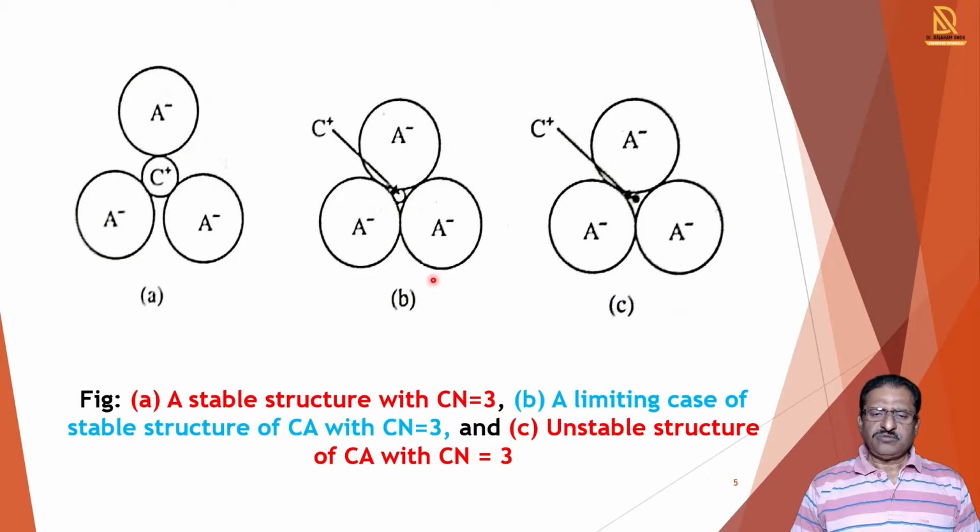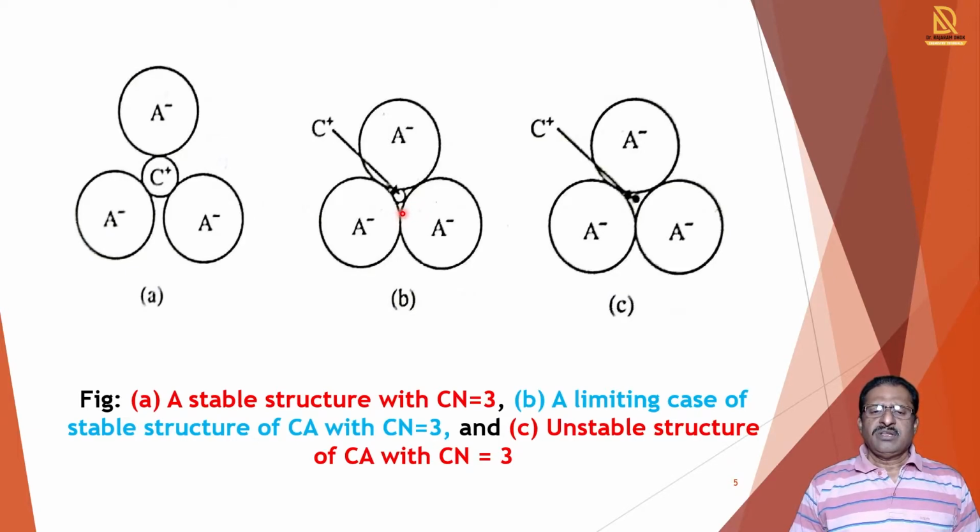Now we see the second case, case B. In that, the cation is at the center and the anions are surrounded with this. In this structure the cation touches the anion, so all three anions are touched with the cation. Also the anions attach with each other.